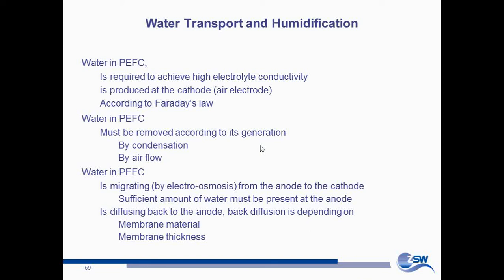So, summarizing that one, water in a PEM fuel cell is required to achieve high electrolyte conductivity. It's produced at the cathode according to Faraday's law. It must be removed according to its generation, otherwise the fuel cell would drown. You can do that by either condensation or by airflow. Water in a PEM fuel cell is migrating by electroosmosis from the anode to the cathode, and it's diffusing from the cathode to the anode.